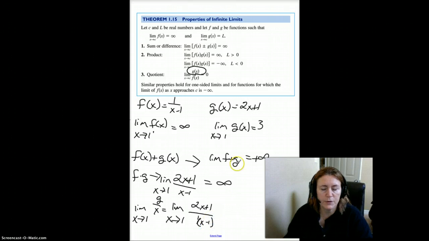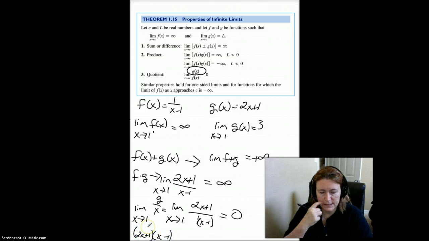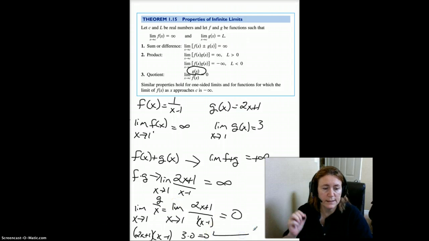I'm not going to do the algebra here, we're just going to use the theorem. And this limit is actually 0. Does that make sense? What if we rearrange this algebraically? This is 2x plus 1 times x minus 1. And we see as x approaches 1, this becomes 3 times 0, or 0. So it does work, even when you have functions that aren't quite so nice.